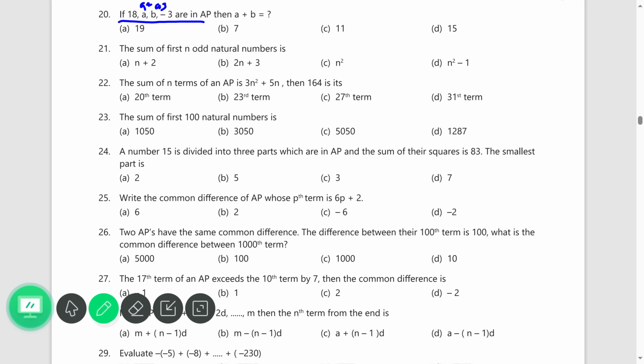A value 18 plus 3D equal to minus 3. 18 when you send opposite, what am I getting? Minus 3 minus 18. When you add, minus 21. Then 3 times D equal to minus 21, when I cancel, what am I getting? Minus 7 as the D value. So I can find now A2. A2 in the sense A plus D, A value 18 minus D value 7. What am I getting?